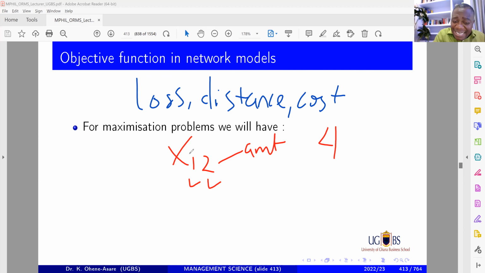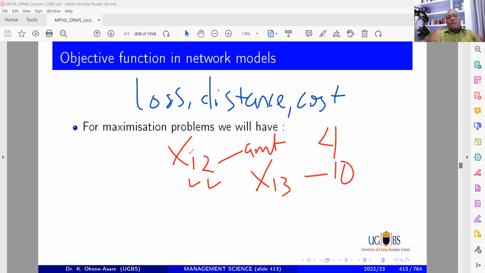But if you were sending the item from node 1 to node 3, the cost you're going to incur will not be $4, but it will be $10. So each decision variable will have attached to it a certain cost, or if it is distance, a certain distance. And your goal will be to minimize the cost or minimize the distance.